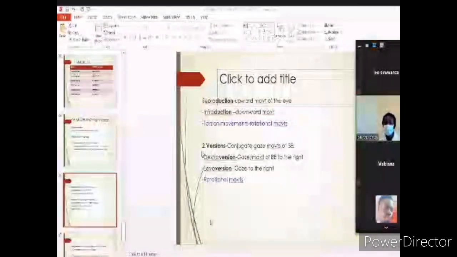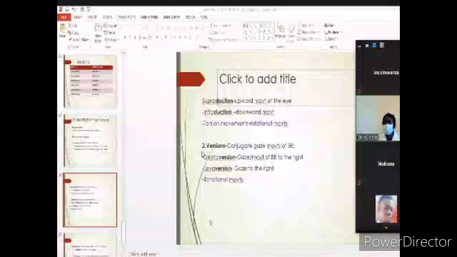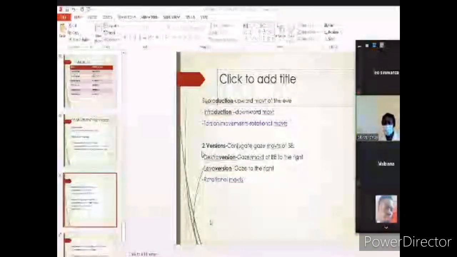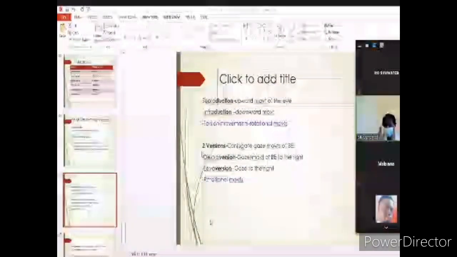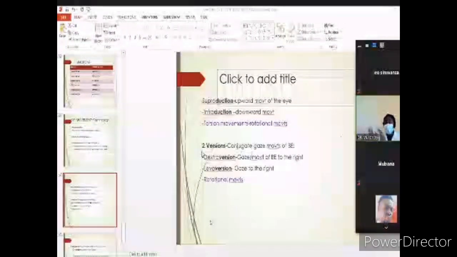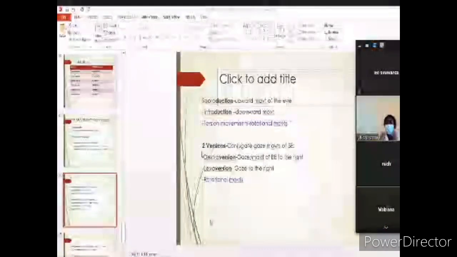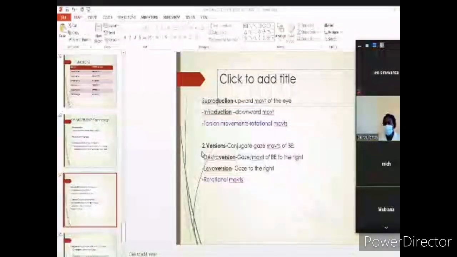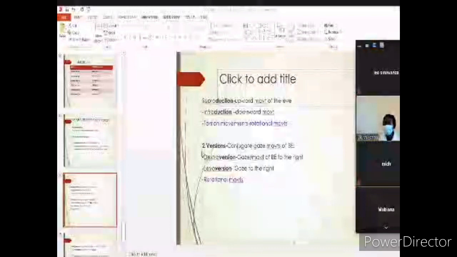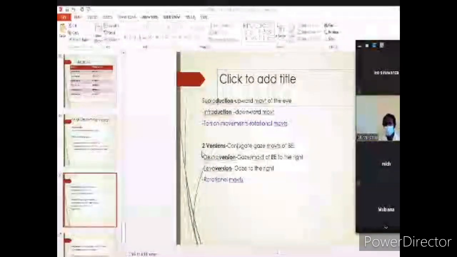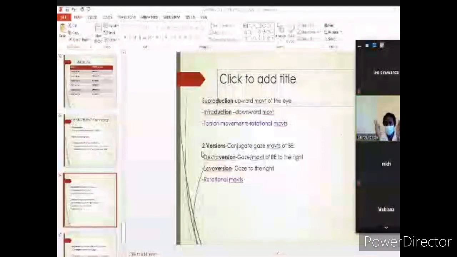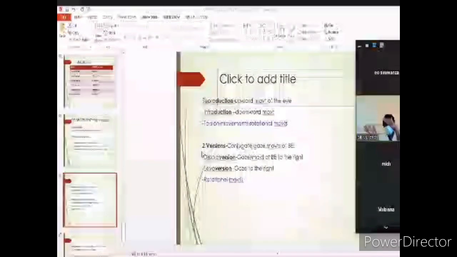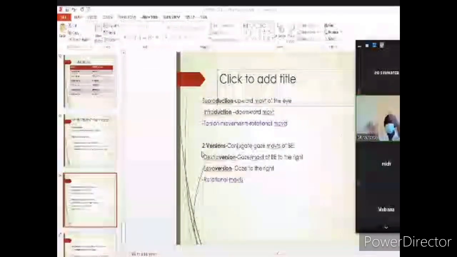So the versions, for version movements, it's both eyes working together. So when both eyes are in primary position, your head is straight on, and you tend to look to your right, both eyes will move to the right.